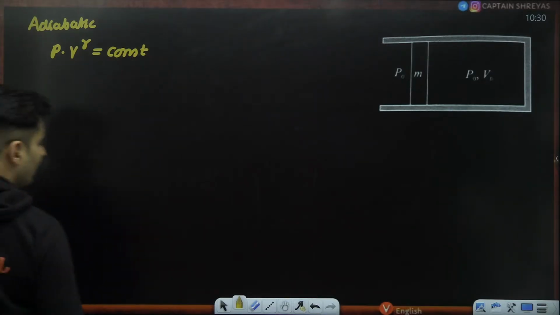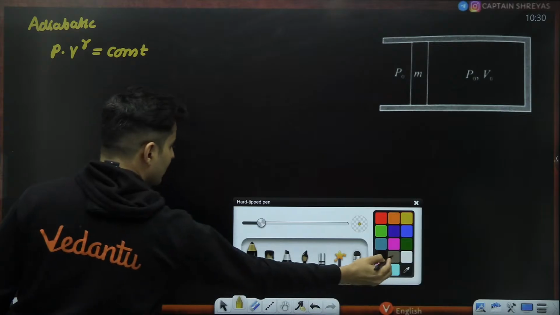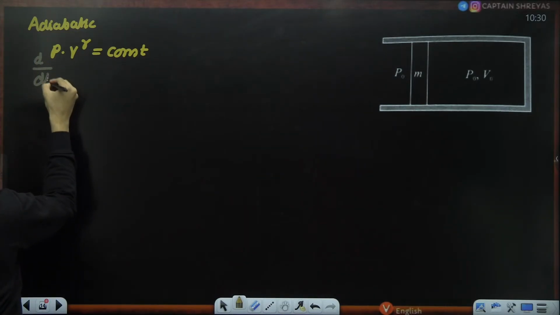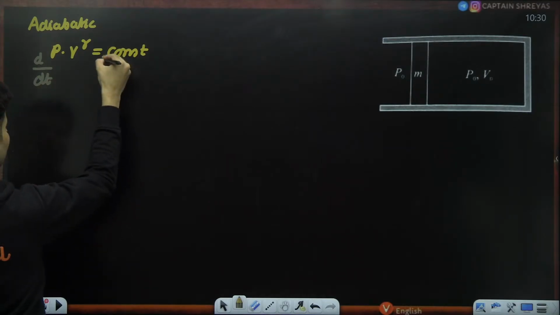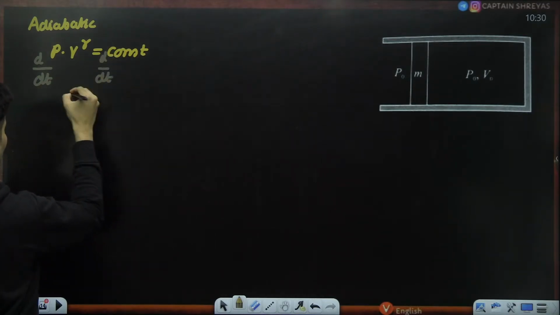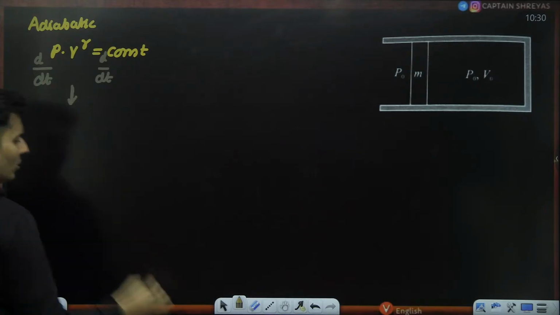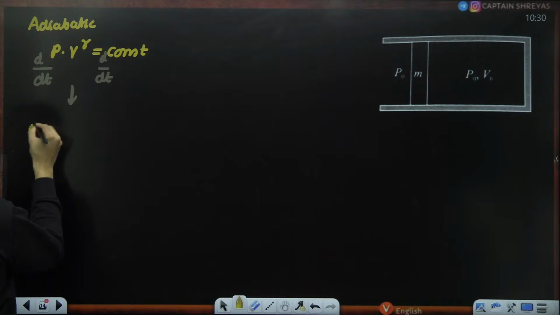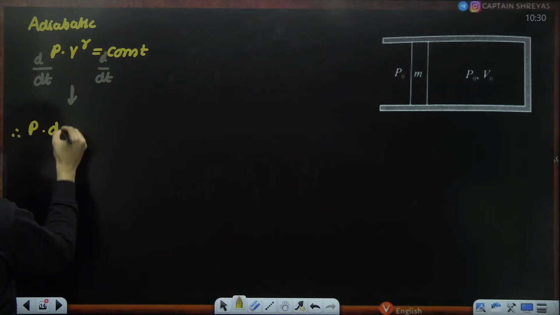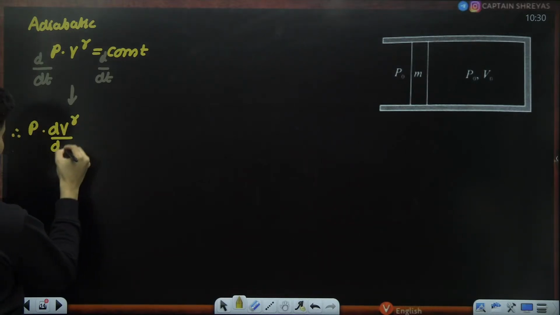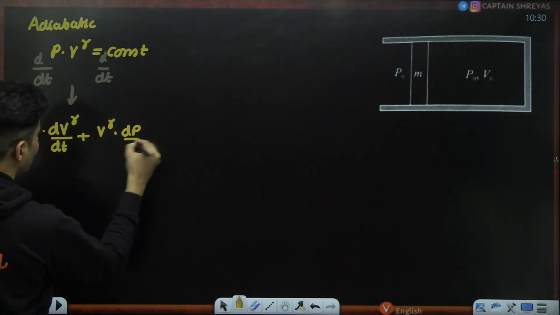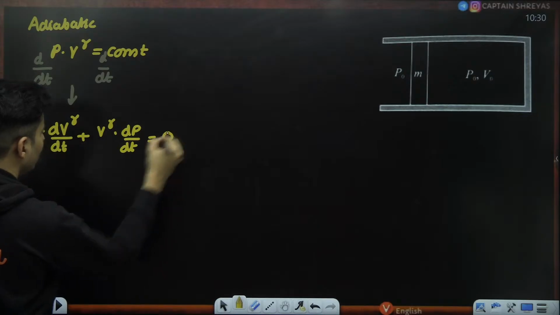Now let's take derivatives on both sides. Take d by dt on both sides and see what exactly you get. This is a UV rule type of question. So P into the derivative of V raised to gamma with respect to t, plus V raised to gamma into dP by dt; the constant's derivative is going to be 0.